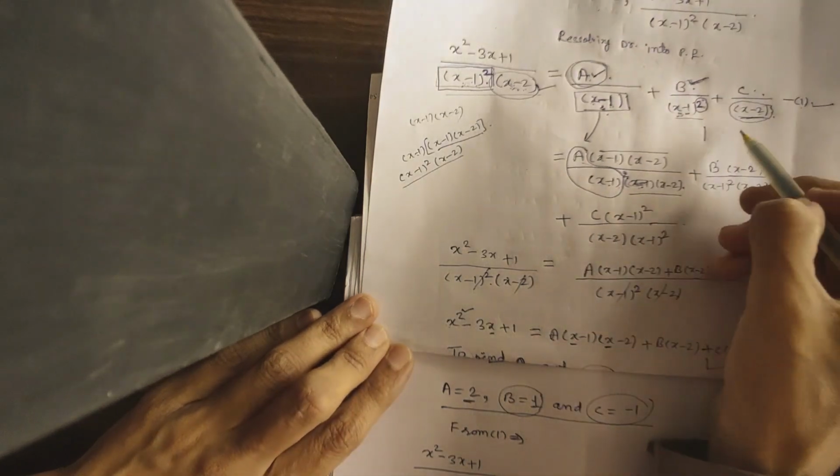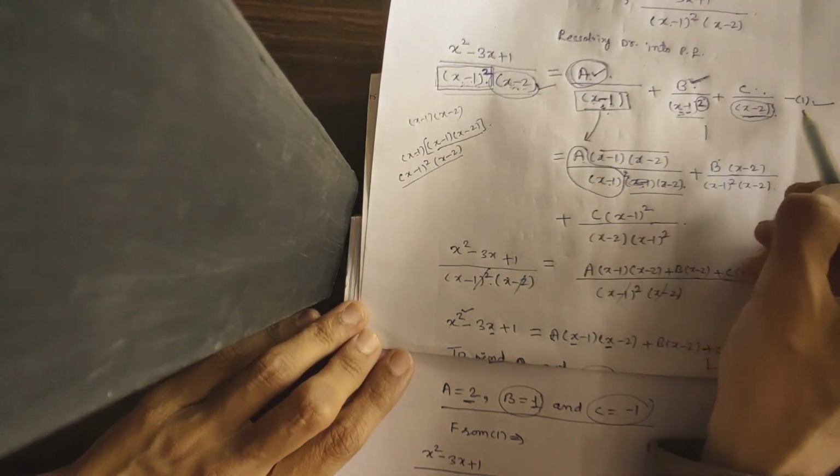I just substitute the values of a, b and c here in equation 1. So these are my required partial fractions.